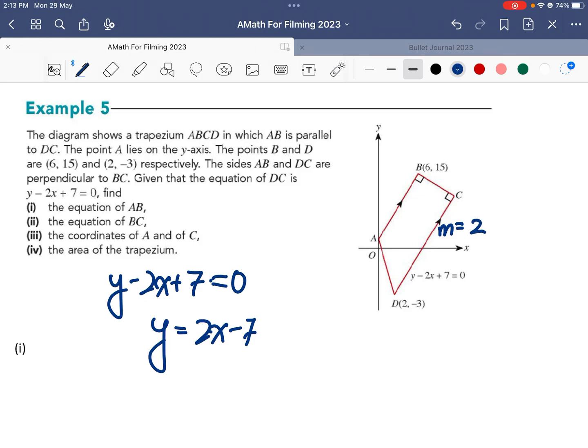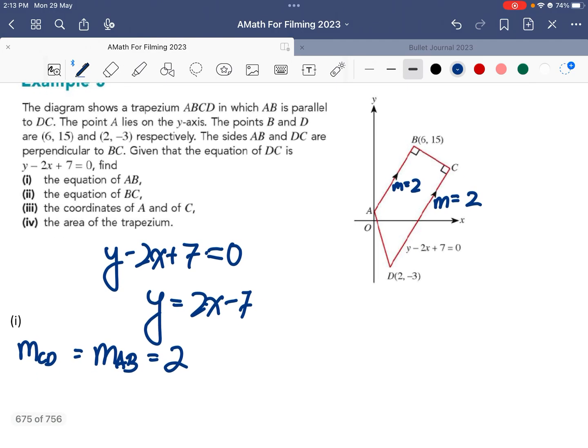So the gradient of DC is 2. Since they are parallel, the gradient of AB is also equal to 2. So the gradient of AB is equal to the gradient of CD, which is 2.